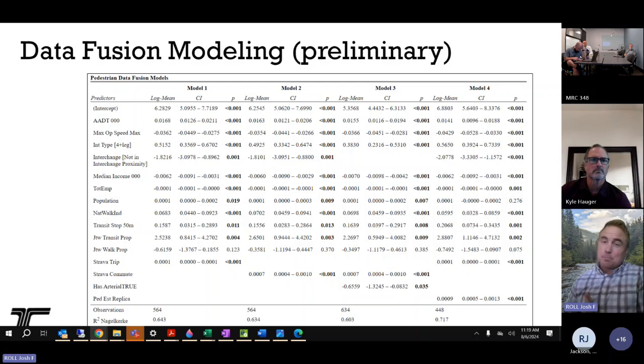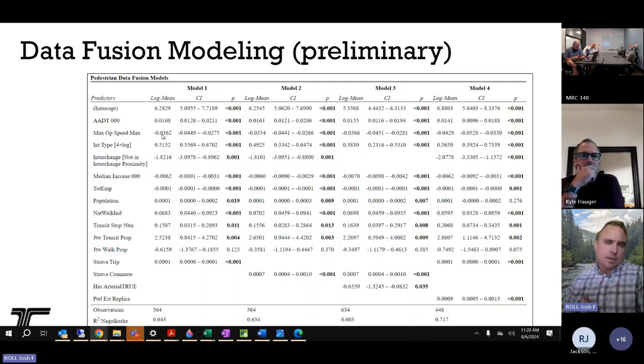So here's a very preliminary set of models where we're looking at the effect of all of these measures on the left and the relationship with pedestrian volume. This one has stuck out as somewhat strange. I think we'll probably have some unobserved variable bias here, but the more vehicle volume, the more we'd expect the pedestrian volume to be.